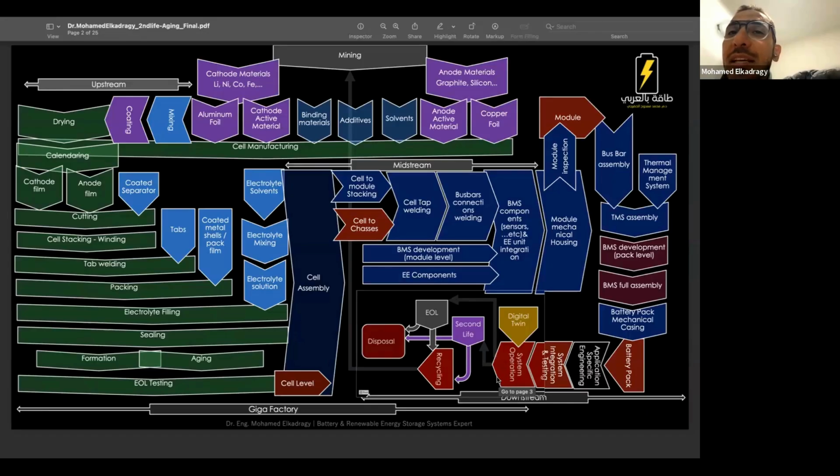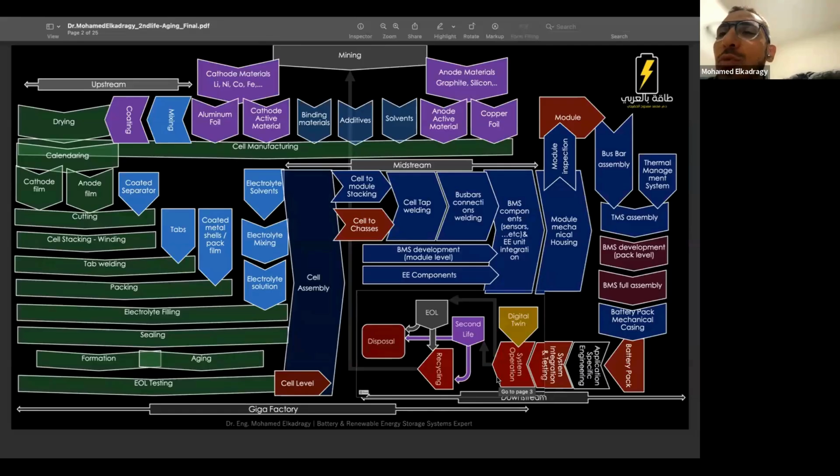And this is where we get from the upstream to the midstream of the value chain. Afterwards, we try to make this cell work in a pack. We have different ways to do this, whether we go through modules, cell to chassis, or cell to vehicle, until we reach the right side of the value chain, which has modules, whether in the chassis or connected together.